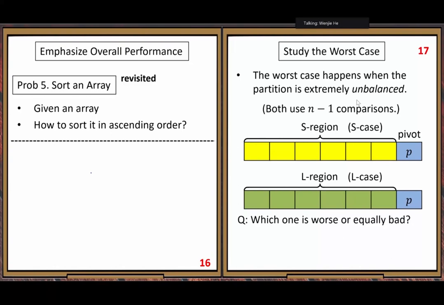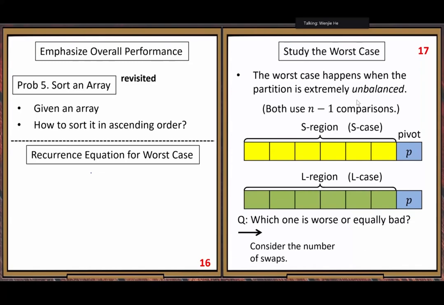If you look at the asymptotic notation, they are equally bad. But if you compare in more detail, they are slightly different, because regarding the swap operation, it's different. In some worst cases, you need to use a few more swap operations.